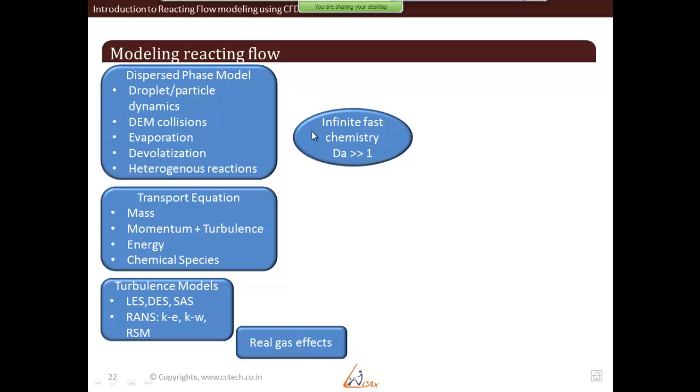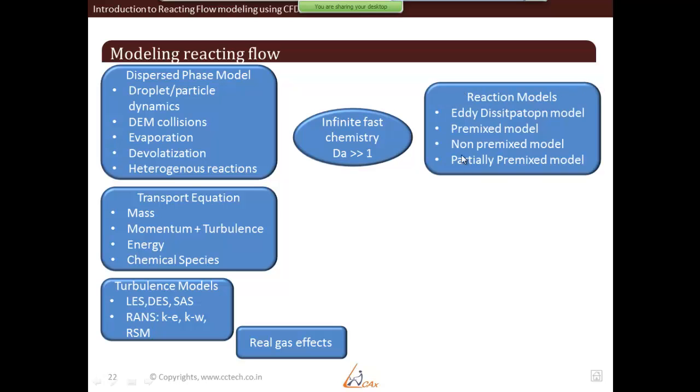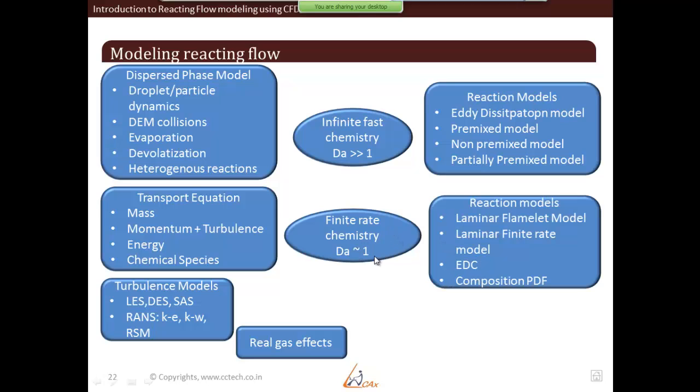depending upon what speed the reaction mechanism or chemical kinetics has. If we have infinitely fast chemistry, we have a different set of models that has to be used: the reaction models, which are the eddy dissipation model, premixed model, non-premixed model, and partially premixed model. Whereas for finite rate chemistry, we have models like the laminar flamelet model, laminar finite rate model and composition PDF. Also these can be used in some part for infinite chemistry.